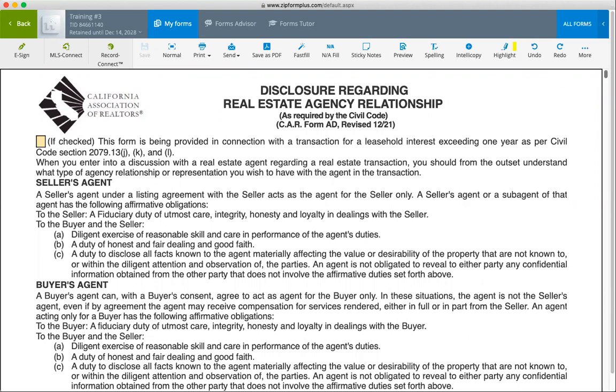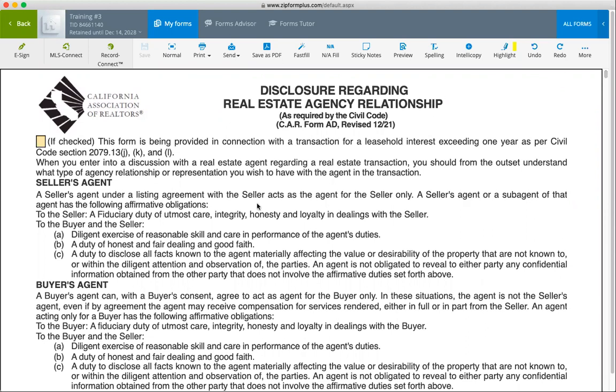It's a statutory form. You can see it says right here, as required by the Civil Code. So this isn't something that's optional. The state laws say we need to provide this, and we need to provide it before anything else.